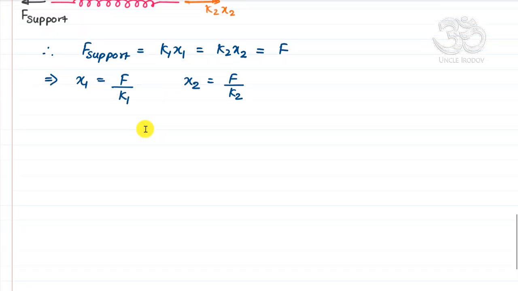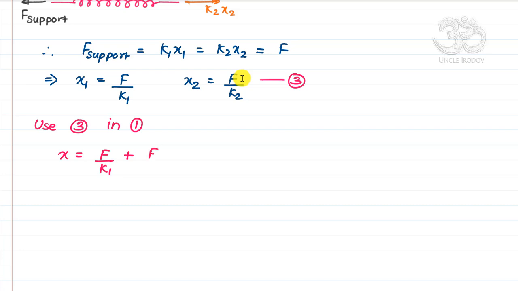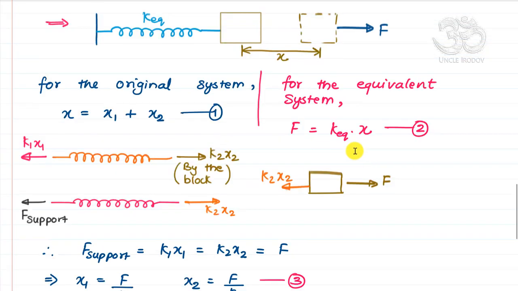So inserting these two in the first equation, let me call this set of equations the third equation. Use 3 in 1 and you will get x is equal to F by K1 plus F by K2. And we know what x is from the equivalent system also.